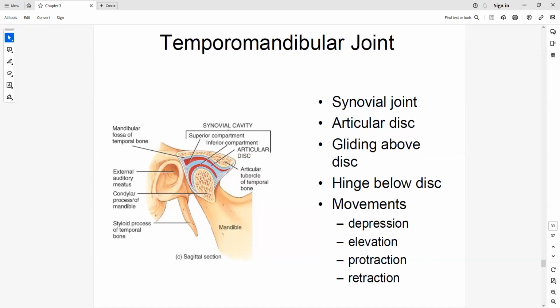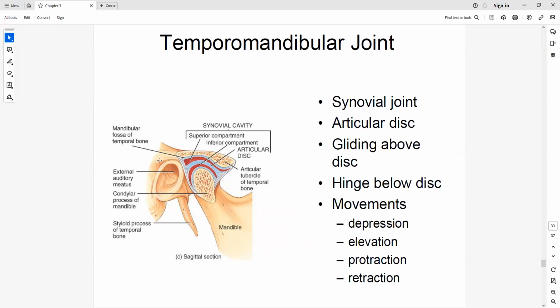This is the internal view of the temporomandibular joint. So you can see the mandibular condyle of the mandible, and you can see how elevation and depression can be carried out by the turning of the mandibular condyle.